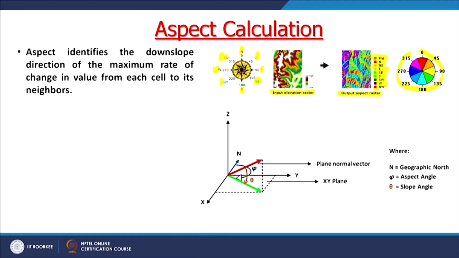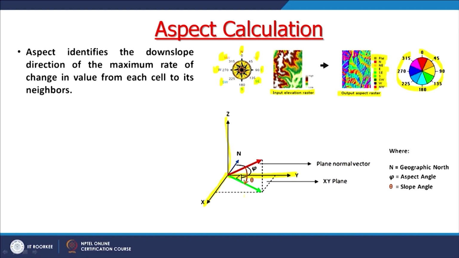Now, when we think about the sloping surface for calculation of aspect, you have to think in sort of 3D concept. So, all three axes are shown here. This is the x axis, this is the y axis which you are seeing here, and this is the z axis.